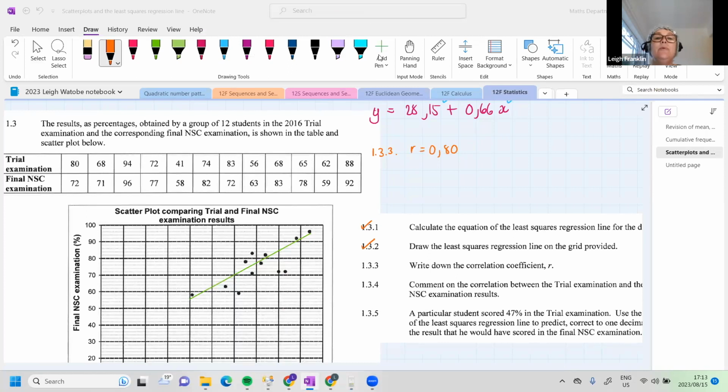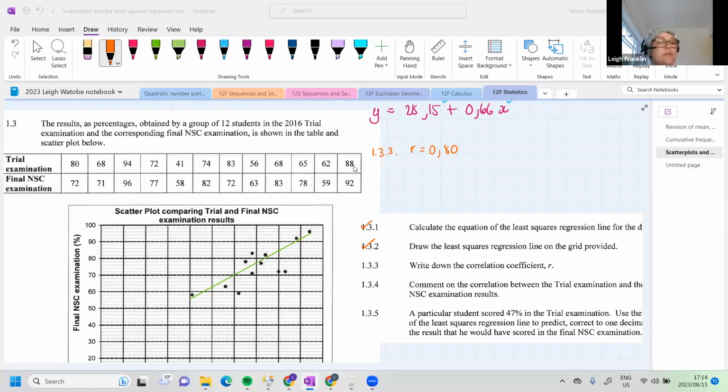Okay. Does anybody know what the correlation coefficient tells us about the data? Yes. Okay, so you guys are on the right track here. There's a strong positive correlation. Good, absolutely. So it tells us how closely related the two sets of data are.